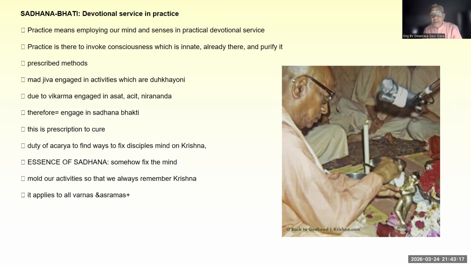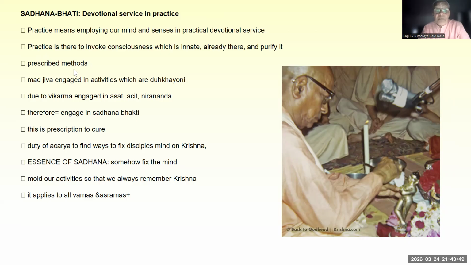Nobody teaches them how to swim, but they have that in them. So in our innate, dormant consciousness is the desire to serve Krishna, but only by practice can we activate this. It is innate, it is dormant. By practice we can purify it and render service. Rather than doing self-sense gratification, we can do gratification of the senses for the pleasure of Krishna, or we can do service which pleases Krishna.